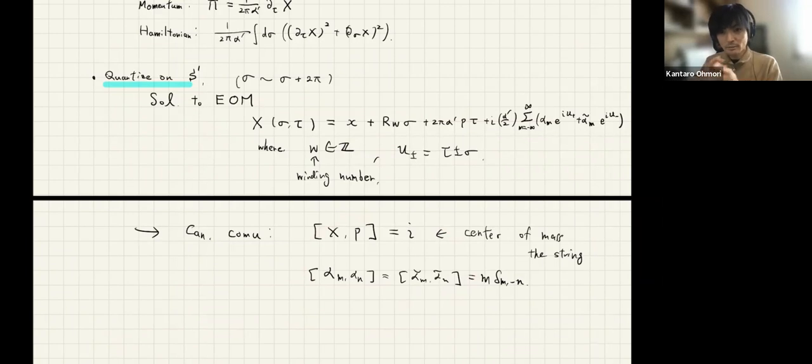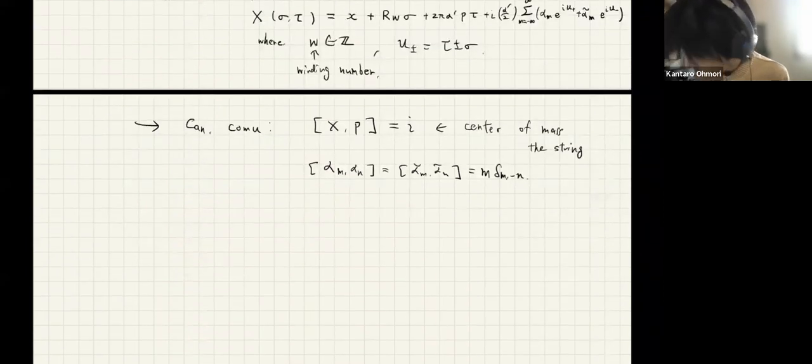For each w, we prepare the Hilbert space, and then the total Hilbert space is just a direct sum over w. There's a typo in the lecture note. It should be direct sum over w.